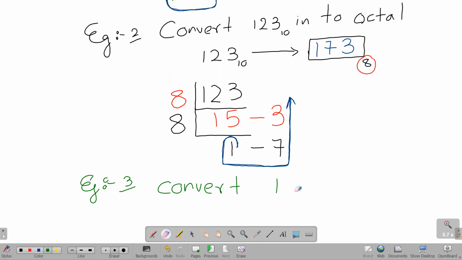Okay, let me think something easy for you in here. I'll take it like this. Convert 174 in decimal into hexadecimal.